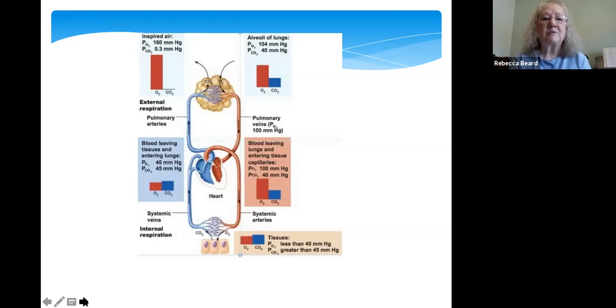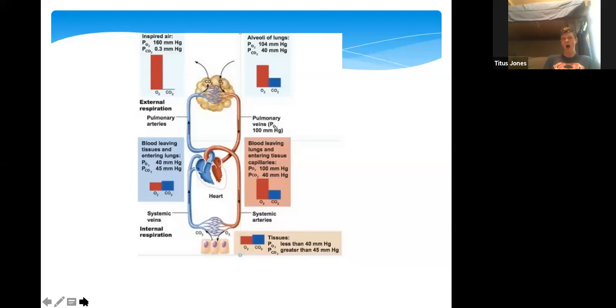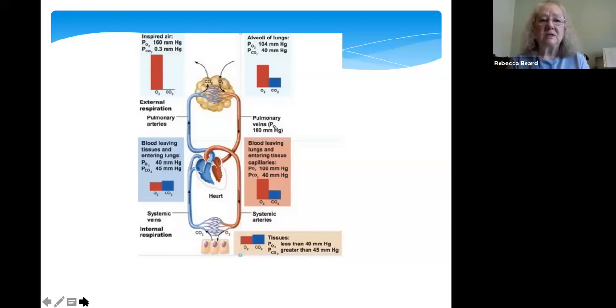The P stands for pressure, the O2 stands for oxygen, and P, pressure of carbon dioxide. So when we breathe in air, of course, hopefully you remember that the composition of air is about 78% nitrogen and about 21% of oxygen, and then 1% of the other gases.